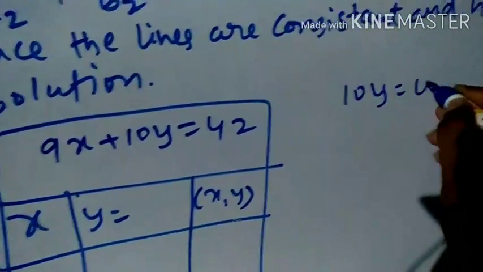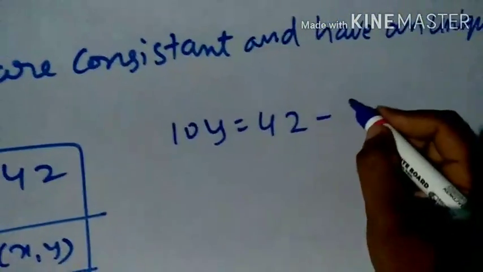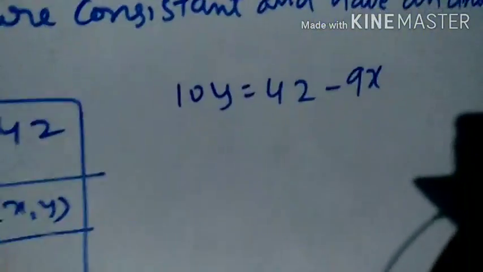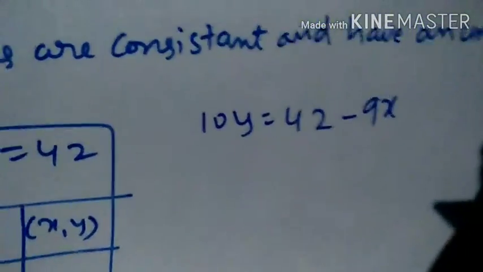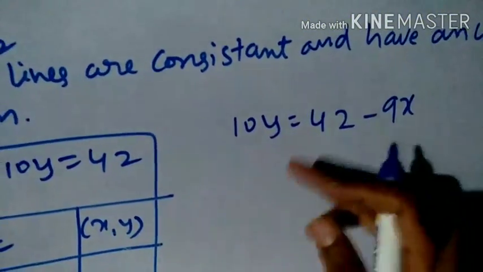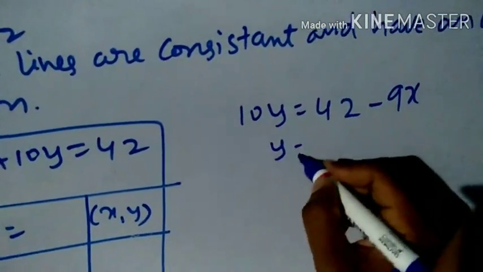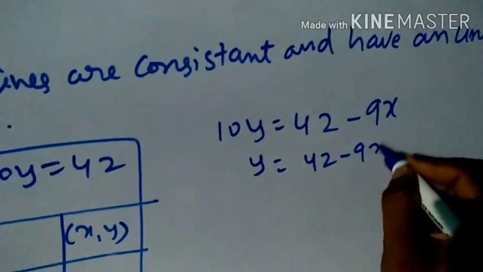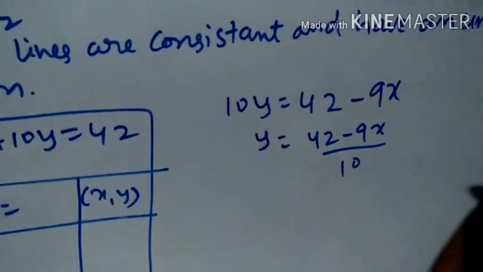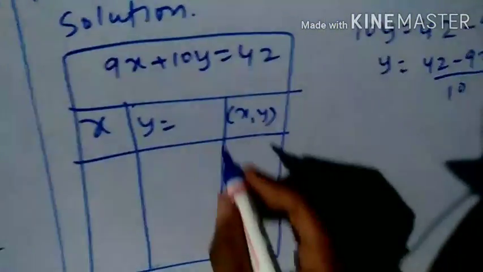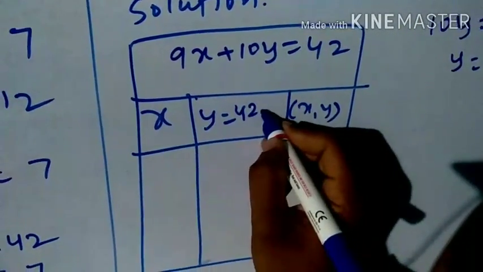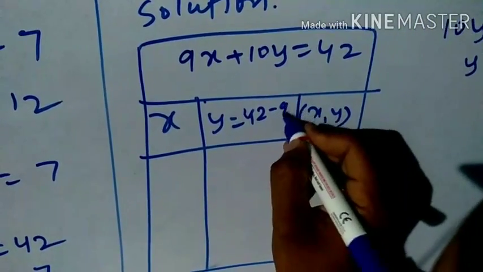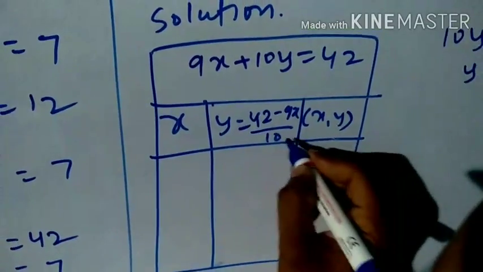So 10y is equal to 42 minus 9x, by transposing plus becomes minus. Now transpose 10 to RHS. So y is equal to 42 minus 9x by 10.